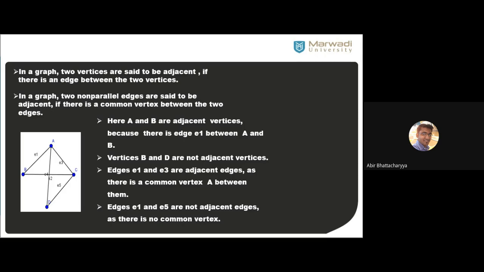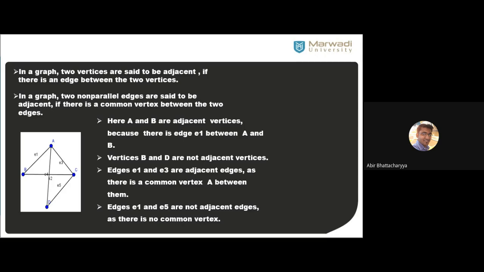And for edges, I suppose we want to select edges that are adjacent to each other, like there must be one common vertex. Yes. But can a parallel edge be adjacent? Two parallel edges, are they adjacent or not? Non-parallel. Yeah.